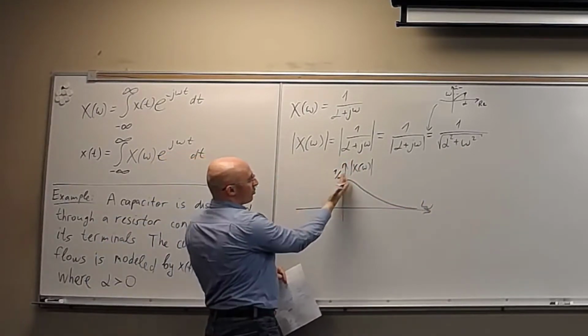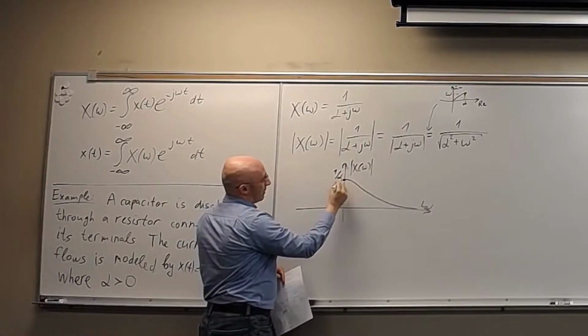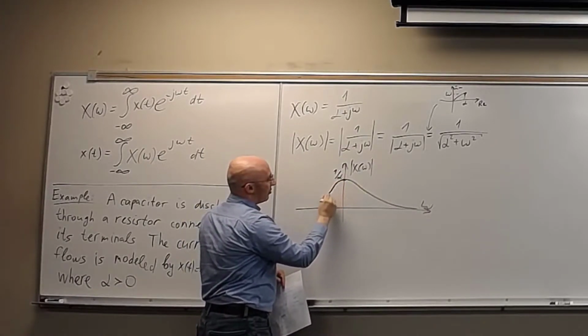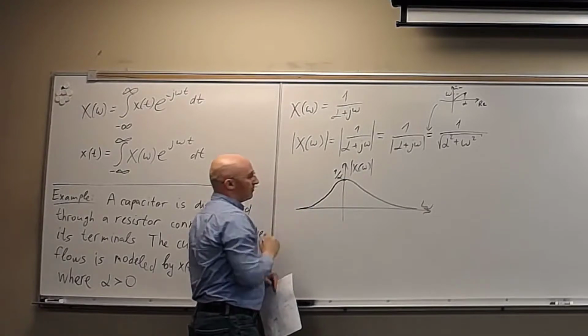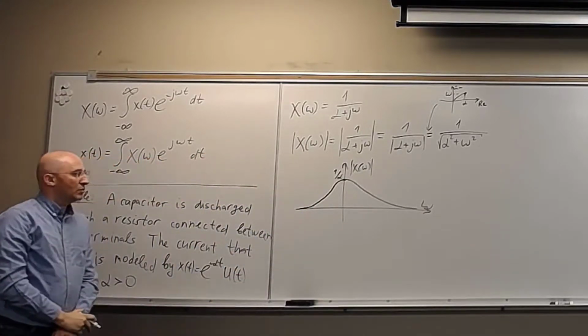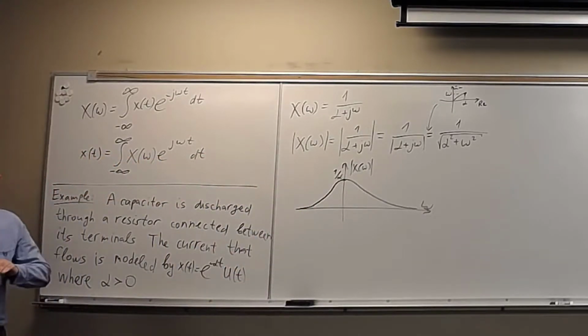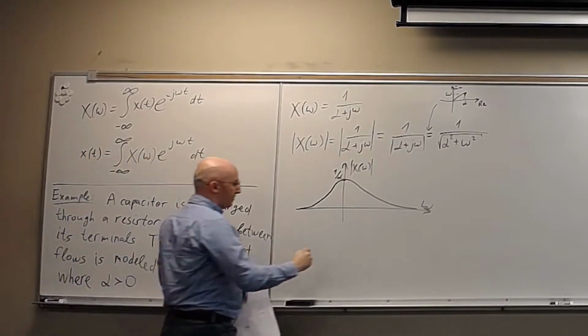So it should have mirror symmetry. Not that I know how to draw completely symmetrical things, but you get the picture. This is the amplitude spectrum. Now, how about phase?